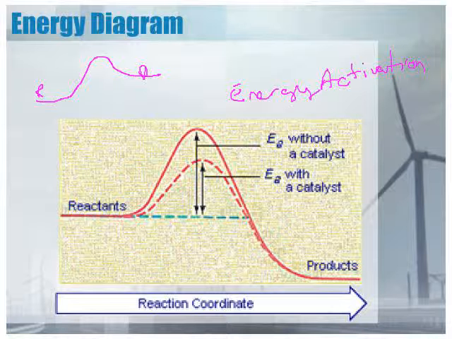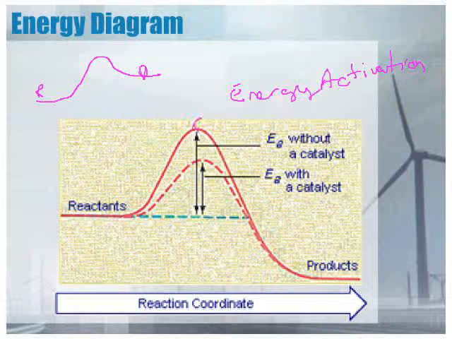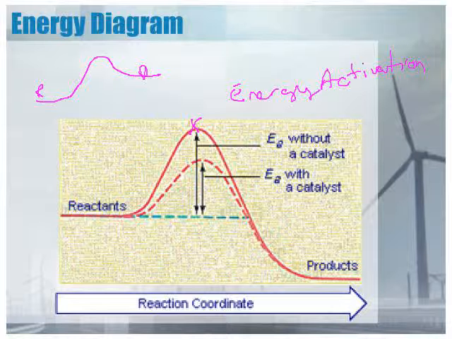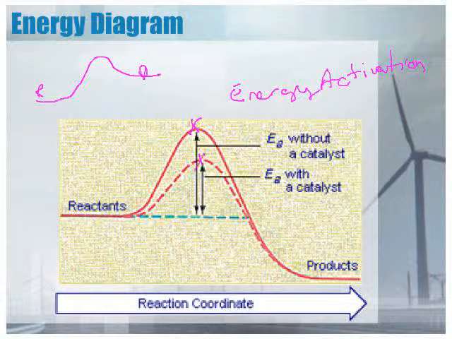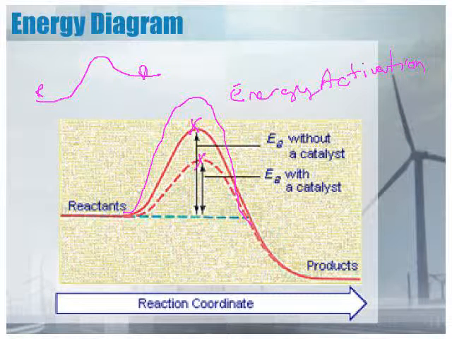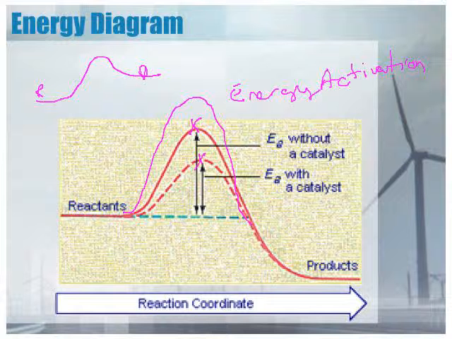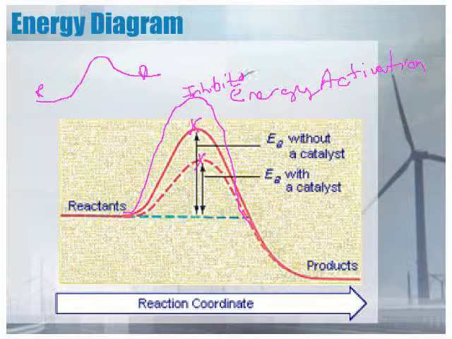And you can see here how much energy is involved without a catalyst. This is the energy involved with a catalyst, and then an inhibitor would have it coming up here. You still end up in the same starting spot and ending spot, but your actual initial energy is there.